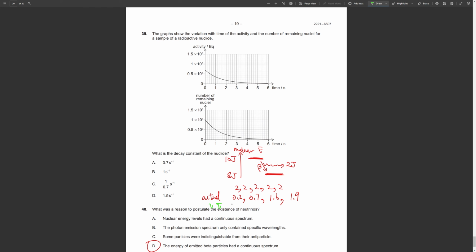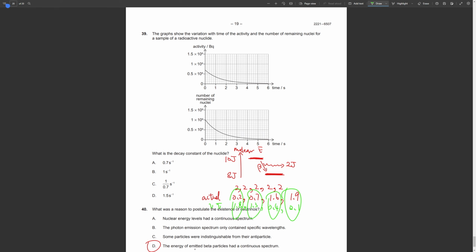Therefore, if the beta is 0.2 joules, then at that moment the neutrino is 1.8, so that they add up to 2. If the beta particle is 0.7, then the neutrino is 1.3. For 1.6, that would be 0.4, and 1.9 gives 0.1, so that it's always adding up to 2 joules.